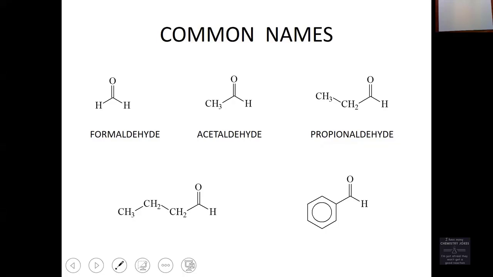Acetic acid was the 2-carbon carboxylic acid, common name. Acetaldehyde and propionic acid, propionaldehyde. Continuing on with that pattern, this was butyric acid, it's butyraldehyde. And benzaldehyde is benzoic acid. So those carboxylic acid derivatives are really the root name of all of these aldehyde derivatives too, common names.